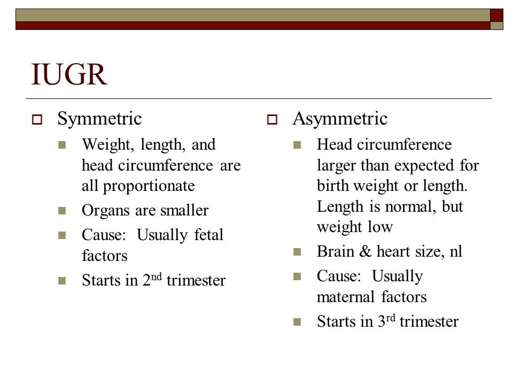The other type of IUGR is asymmetric, and if you had to choose one, this is the one that you would want to have. In this case, the head circumference is larger than the birth weight or the length. The length tends to be a little bit more normal, and the main thing that's really low is the weight. So you want that head circumference to be normal. You want it to have a normal sized brain inside of it.